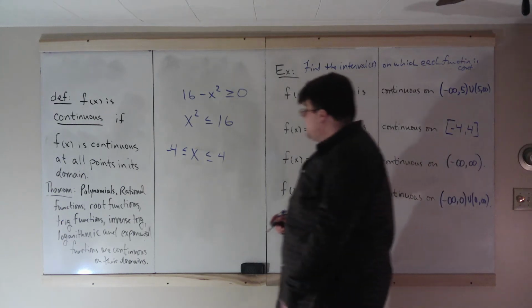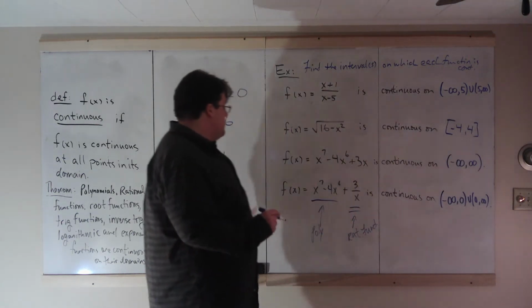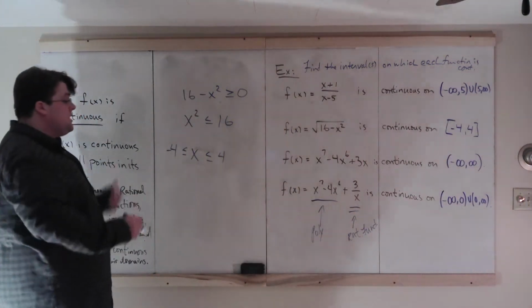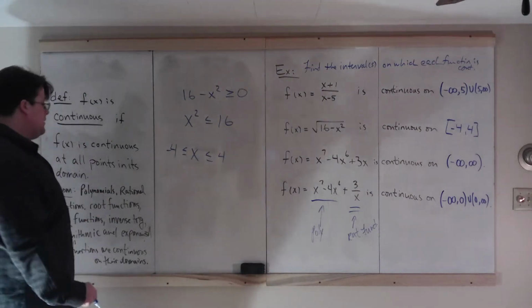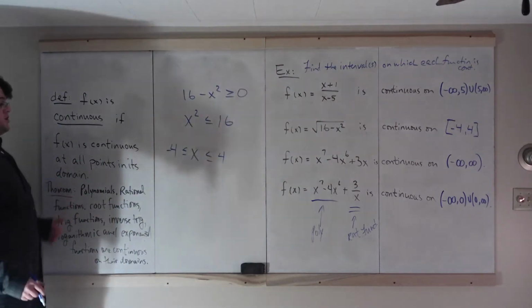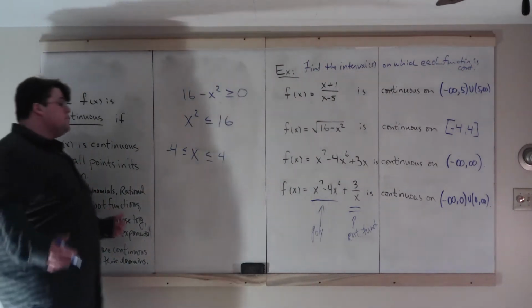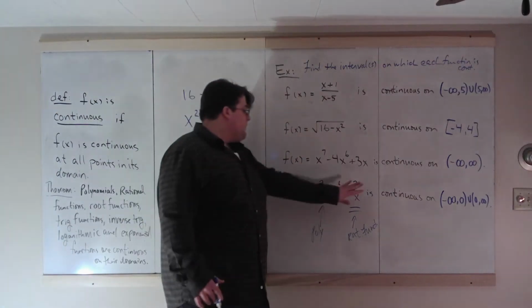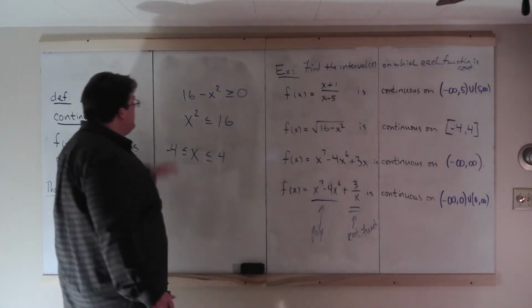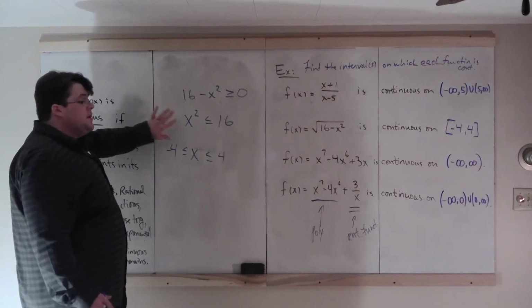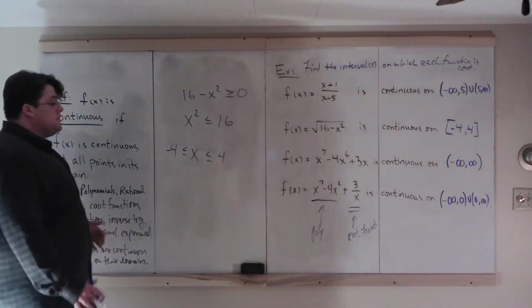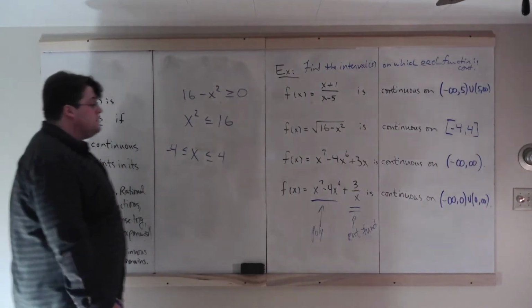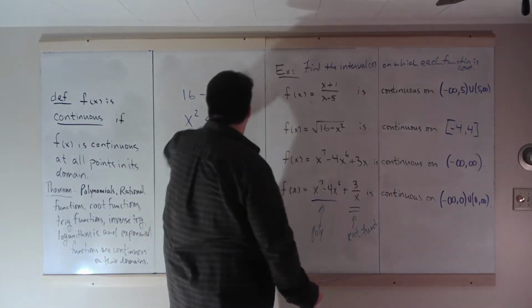So we have the sum of two continuous functions on their domains. So this entire function is continuous on its domain because of the first result here that was erased, because the sum of two continuous functions is continuous.